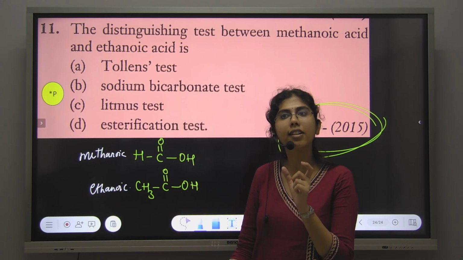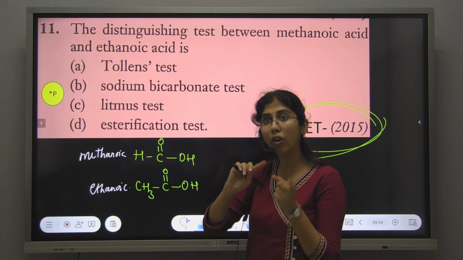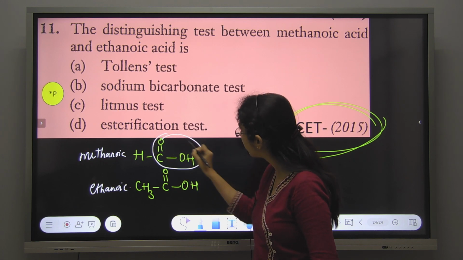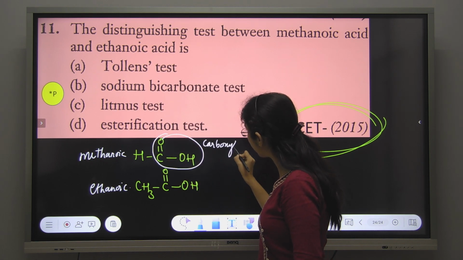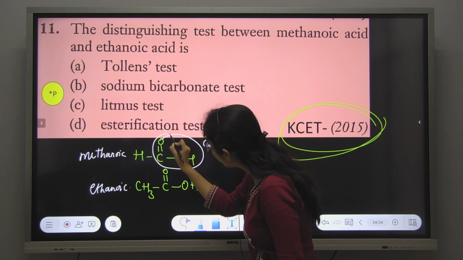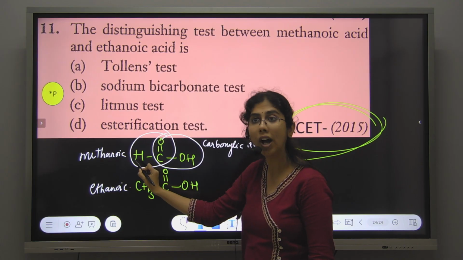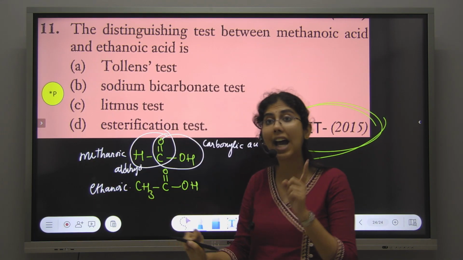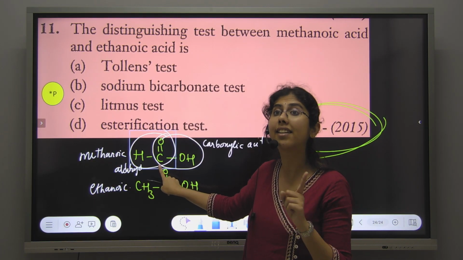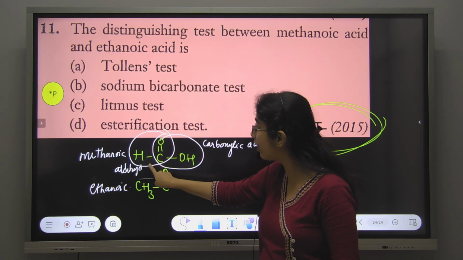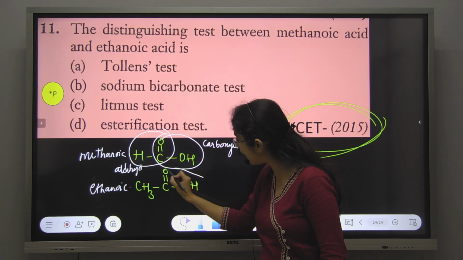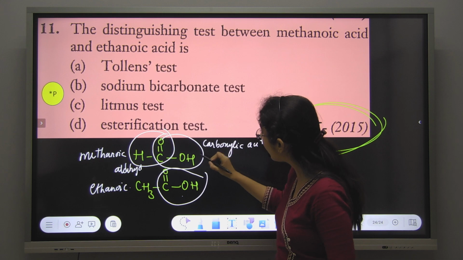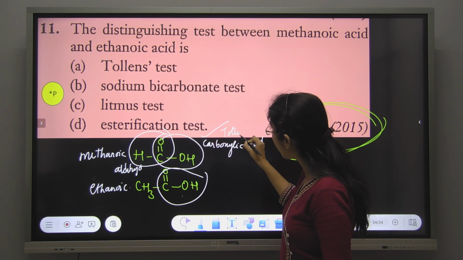Here, when you take methanoic acid, it has two kinds of functional group if you carefully observe. This part is carboxylic acid, and if you observe this part, what is this? C double bond O, H, CHO, aldehyde. Since methanoic acid has an aldehyde part, it can give Tollens' test. But if you see ethanoic acid, what is there? Only the carboxylic acid part. Here we don't have any aldehydic part. That is why methanoic acid can give Tollens' test, but this cannot.